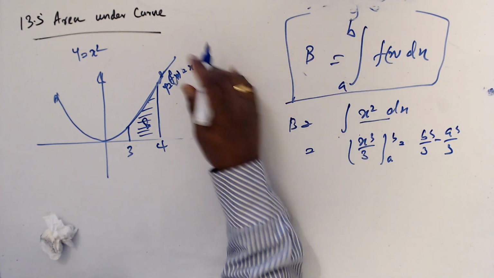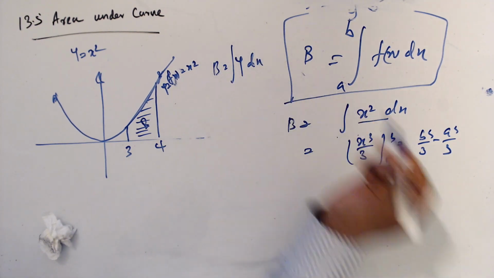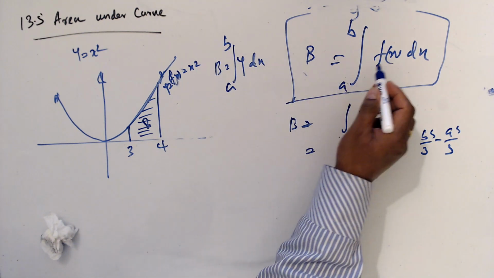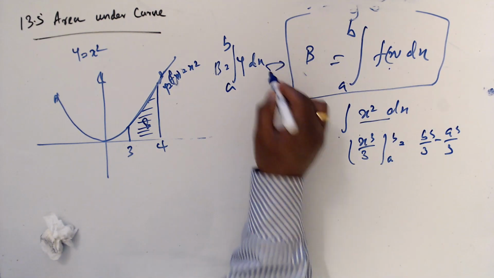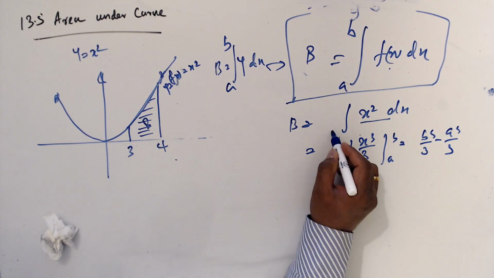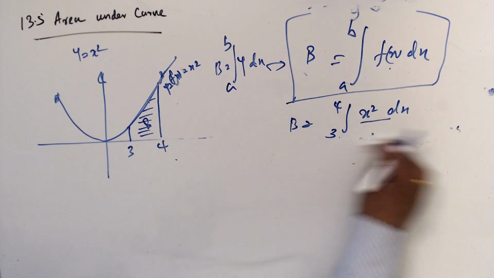B equals the integral of y dx from A to B. So this is f(x), and if I need 3 to 4, this is 3 to 4. Then we evaluate.